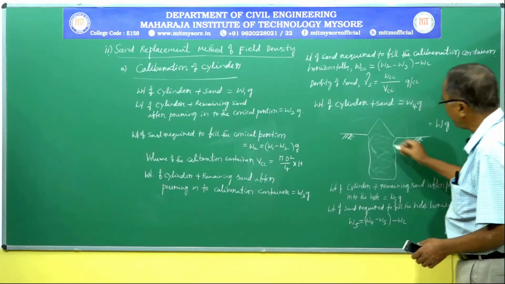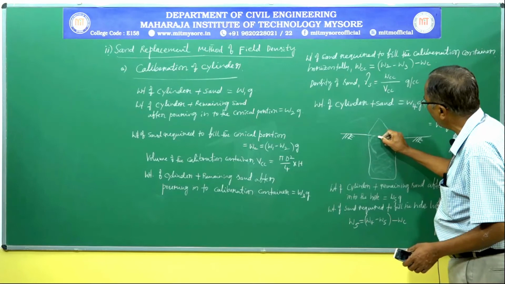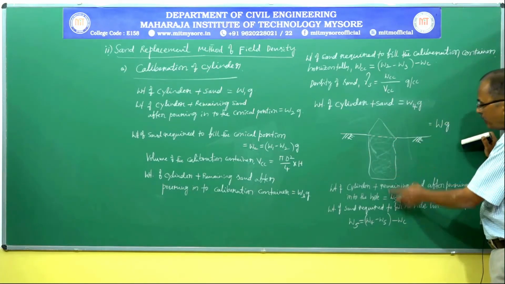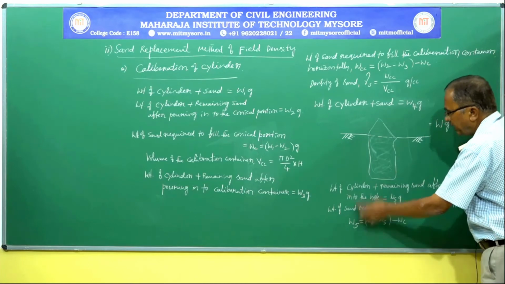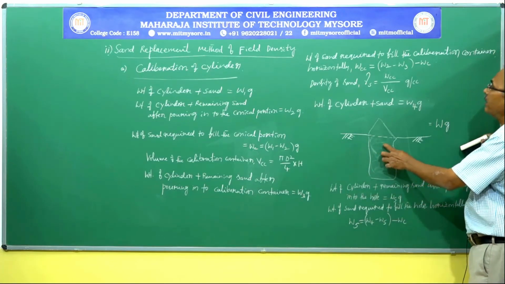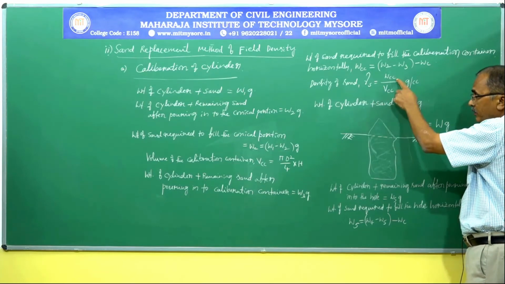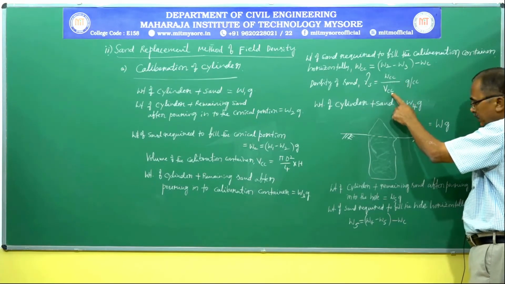So we get the weight of sand required to fill the hole horizontally. We already calculated the density of sand, gamma S is equal to WCC divided by VCC.